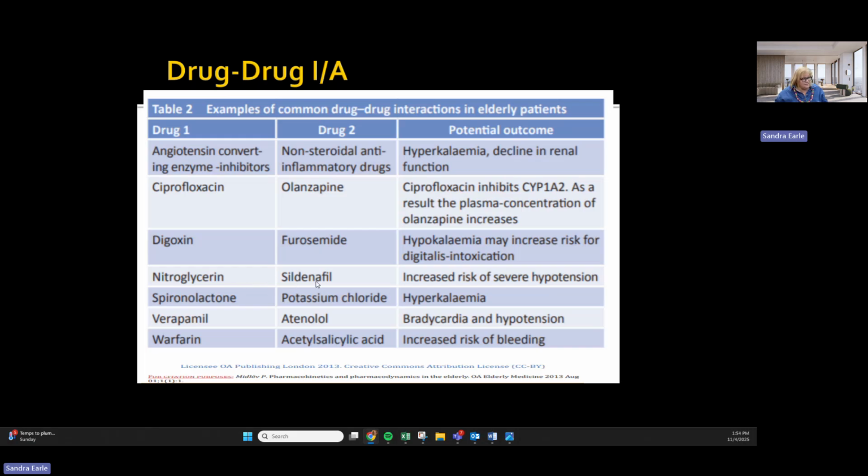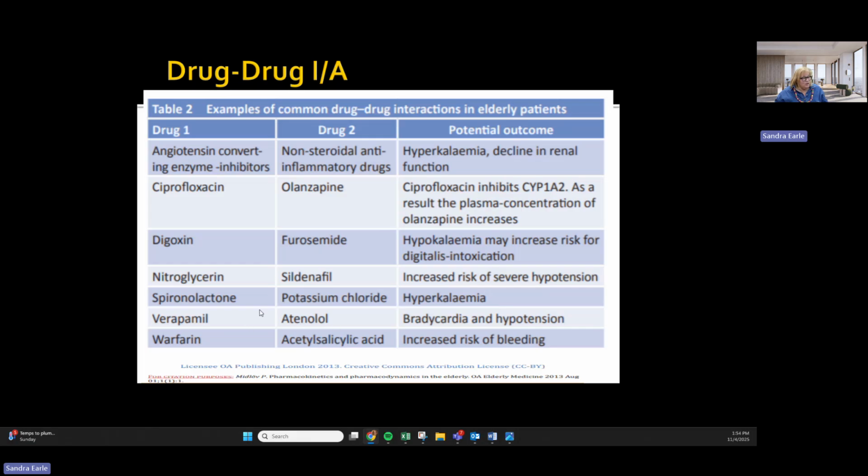Nitroglycerin and sildenafil, which I think everyone knows about, increase the risk of severe hypotension. Spironolactone and potassium chloride. Remember, spironolactone is a potassium-sparing diuretic. Therefore, giving it with potassium, you've got a risk of hyperkalemia. Again, you have that risk in every patient, but it's going to be enhanced in older patients.